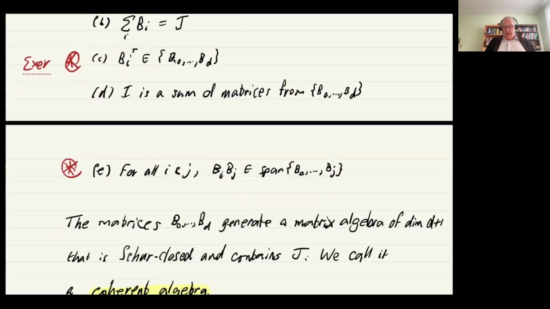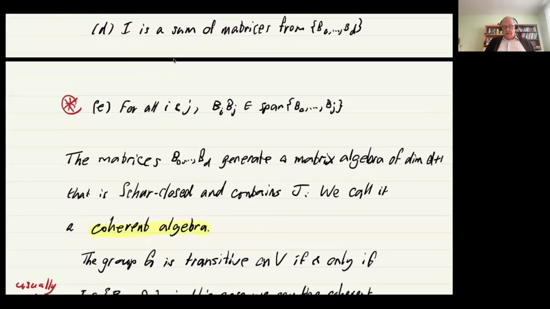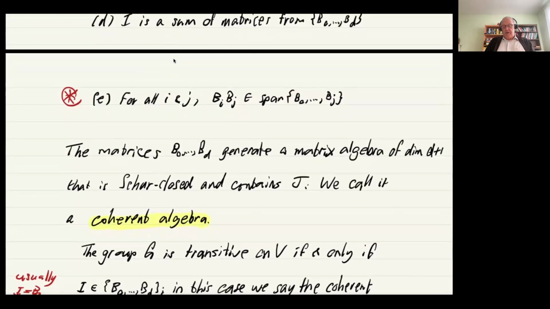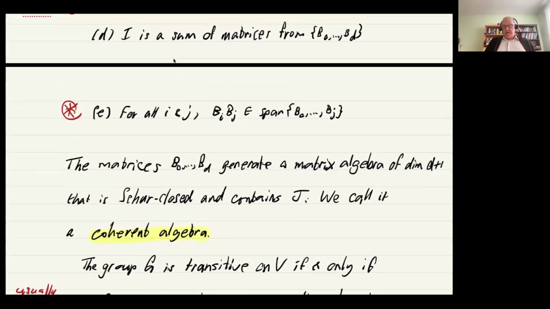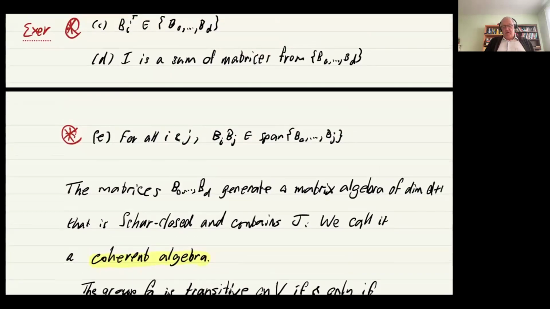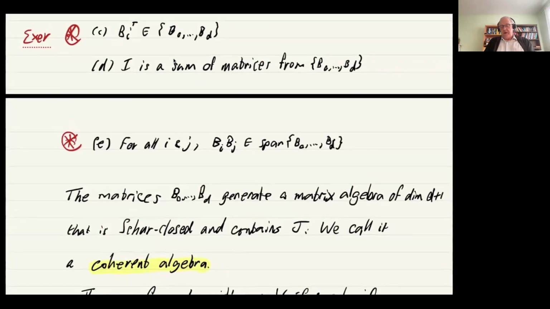The matrices B_0 through B_d generate a matrix algebra, and by virtue of this last fact, it's an algebra of dimension d plus 1, because these matrices form a basis.